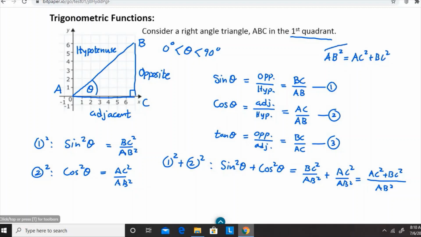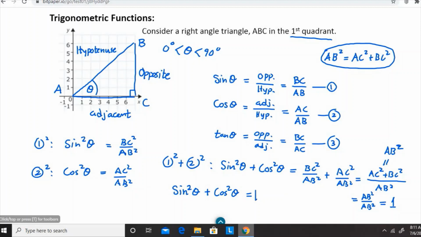That comes from the Pythagorean theorem, which we discussed earlier. So this would be AB squared. Then we get AB squared in the numerator, AB squared in the denominator, and it's simply equal to 1. So this is another very important trigonometric identity: sine squared theta plus cosine squared theta is equal to 1.